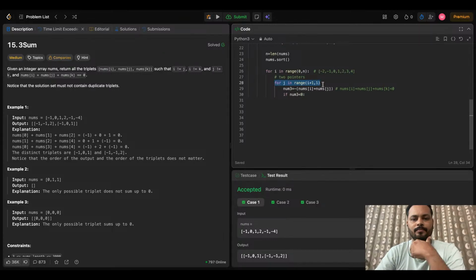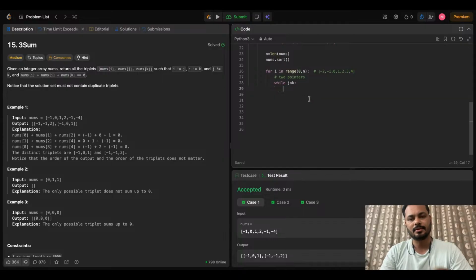So while j is less than k, because I'm taking the two pointers approach, so my j and k will also exist.